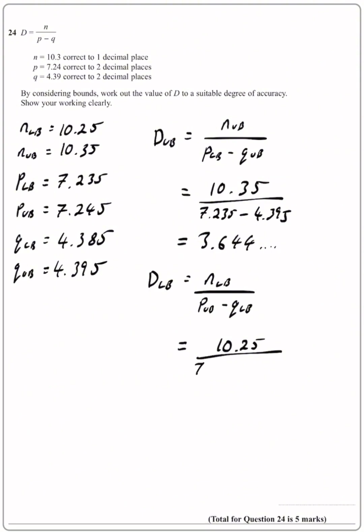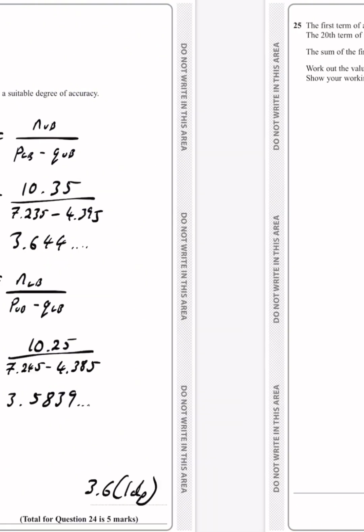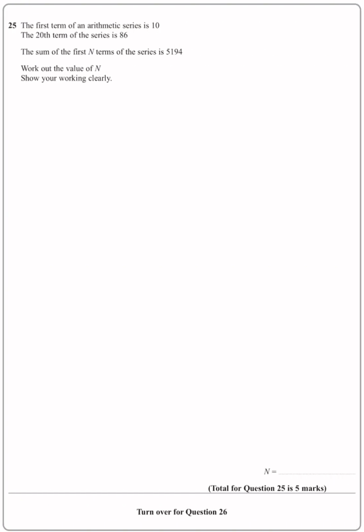So that's 10.25 over 7.245, subtract 4.385. When you plug that in, you get 3.5839. Then looking at our two possible values of D, well, they will round to the same number to one decimal place. You can't go any further than that, so 3.6 for one decimal place.